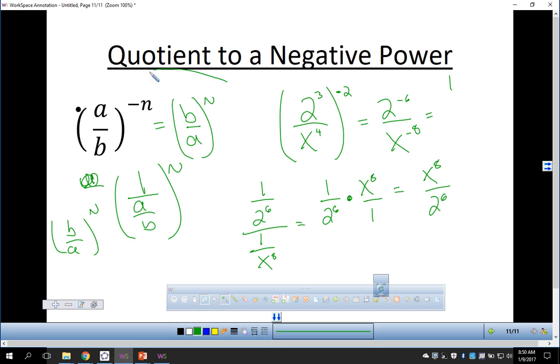Okay? Just remember this rule. If you're raising a fraction to a negative exponent, just flip it upside down and make it positive.